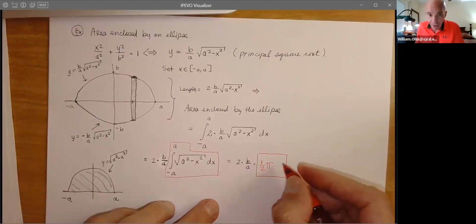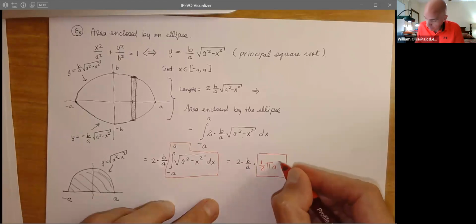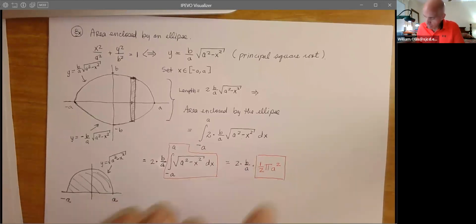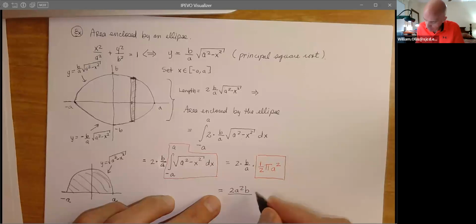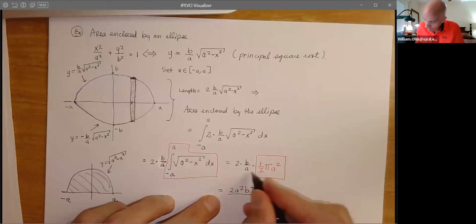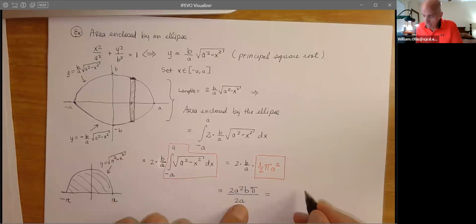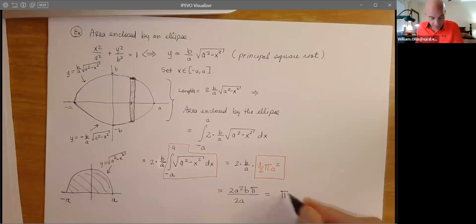So that's 1/2 pi a squared. So the boxes correspond. So this gives you 2a squared b times pi over 2a. The 2a's absorb here, leaving us with pi ab.